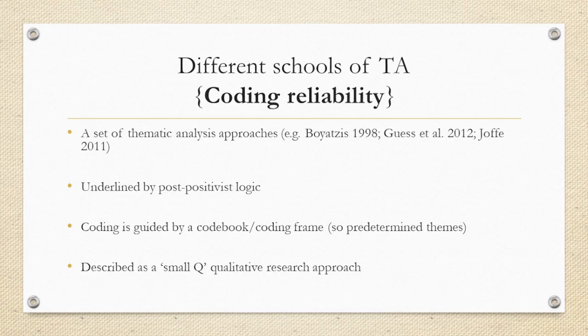Themes in these kinds of coding reliability approaches usually derive from the coding process and represent outputs of the coding process. The whole exercise is typically guided by a codebook or coding frame.